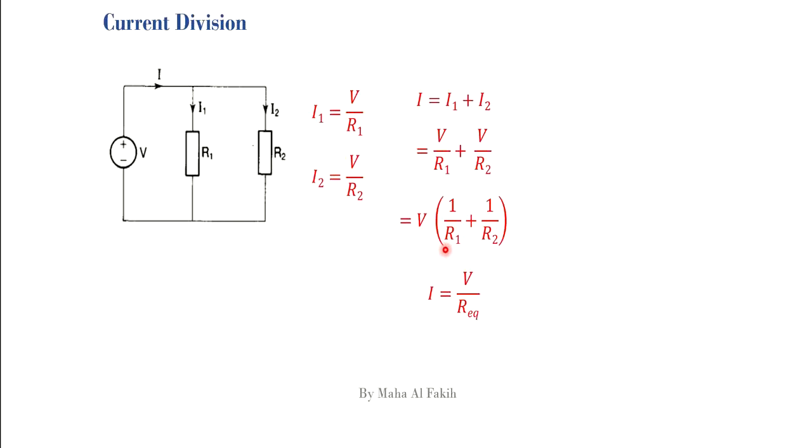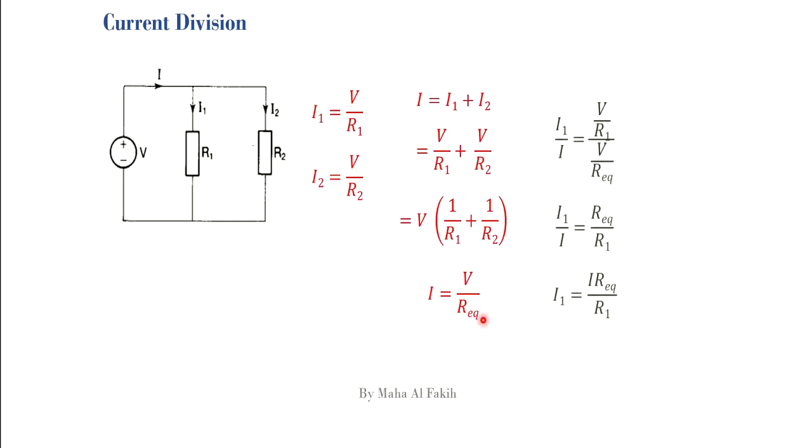Remember that the equation for an equivalent resistor in parallel connection is 1 over R equivalent is equal to 1 over R1 plus 1 over R2 plus 1 over R3 until reaching 1 over Rn for n number of resistors. Now in this circuit we have only two resistors R1 and R2. So 1 over R1 plus 1 over R2 is equal to 1 over R equivalent. And thus we obtain that I is equal to V over R equivalent.